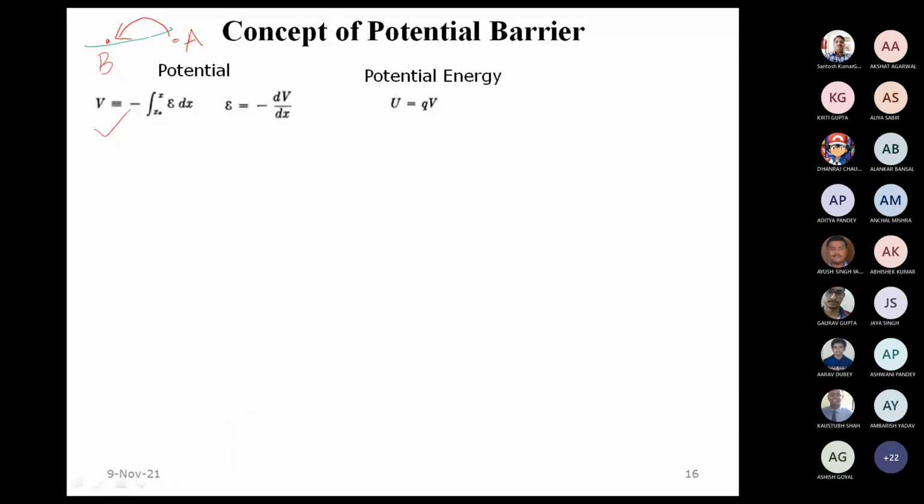In this field, suppose we want to move this charged particle from point A to B. If we are moving against the field, then we need to do some work against this field.